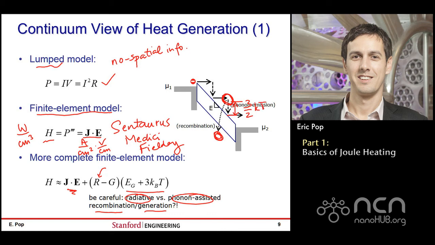This is just a very, very simple approximation. If you have 3/2 kT on the electron side and 3/2 kT on the hole side, then the total energy that is actually being relaxed across the band gap is not just the band gap, but the band gap plus 3 kT. So that's essentially where this second term comes from.